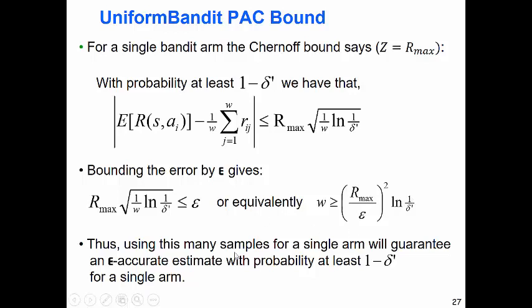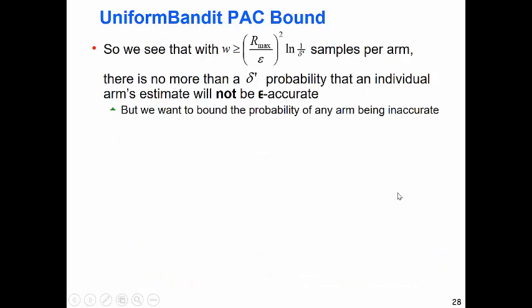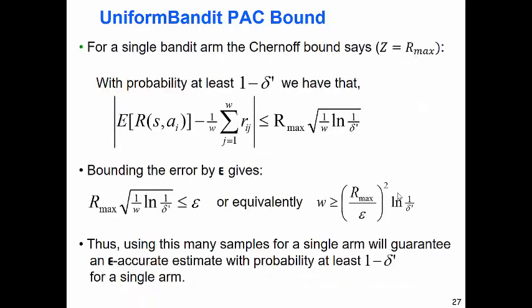So that's how you do a single arm. But now let's say the three of you are arms that I'm going to pull, and I can guarantee with 1 minus delta prime probability that each of you is going to be a good estimate, independently.